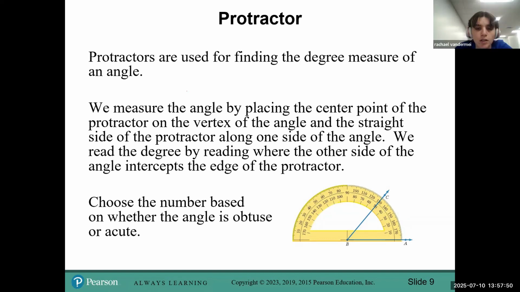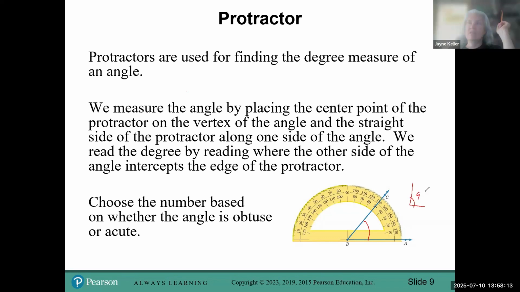Would be the top one. So if I'm thinking about the measure of this angle, does it look like it's more than 90 or less than 90? Like this is 90 degrees, right?